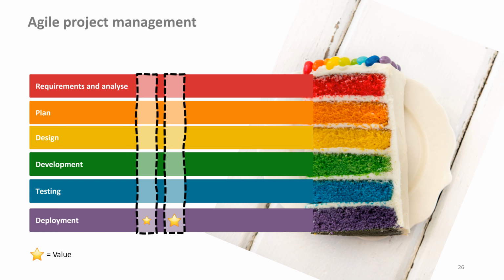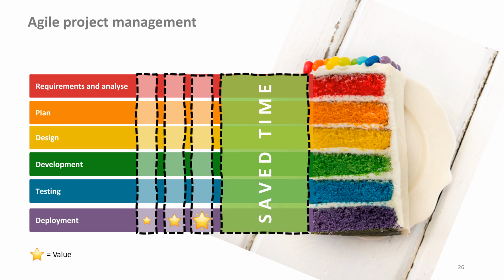Hopefully, more added value has come out of it. From iteration to iteration, we get and create more value. Also thanks to the feedback. We may realize later that we have already done everything the client wanted. We can save this planned project time, which is colored green in the rectangle.